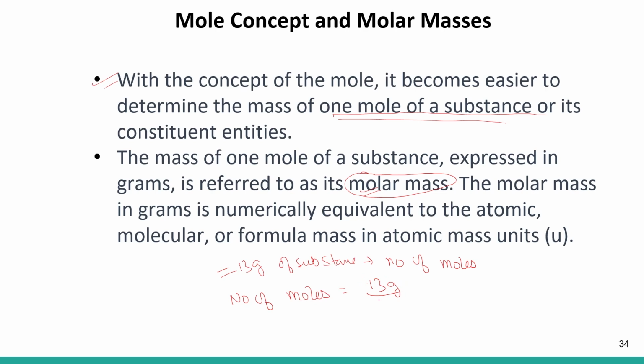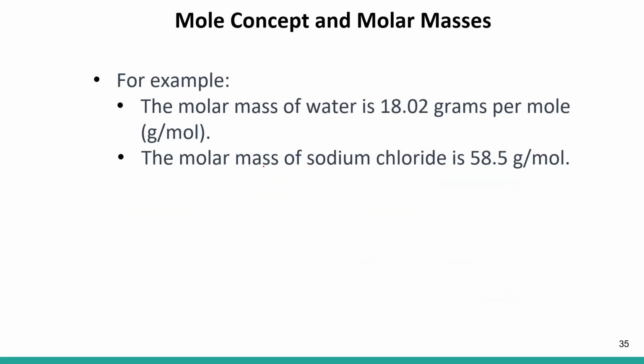Suppose this is the given mass, and you divide it by the molar mass, and you get the number of moles, represented by mol. For example, the molar mass of water is 18.02 gram, and it will contain 6.022 into 10 to the power 23 water molecules. Similarly, sodium chloride is 58.5 gram per mole.